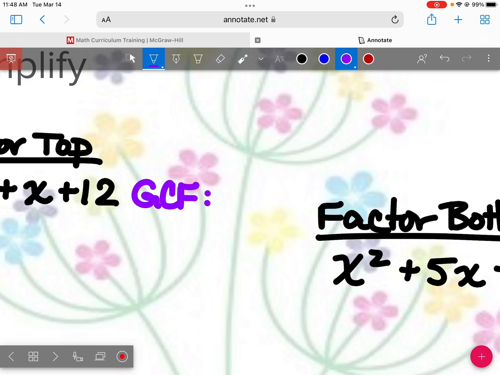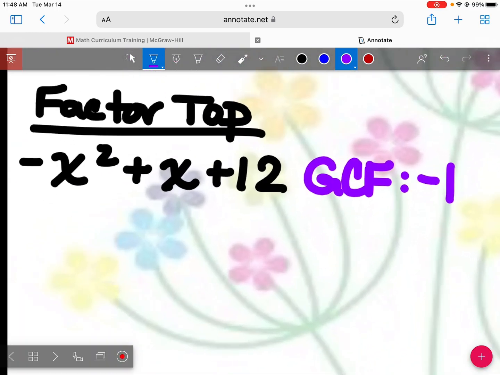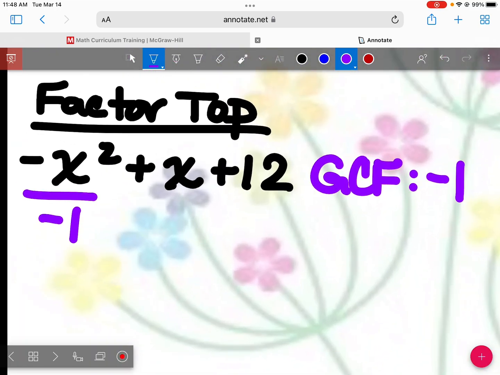Does my numerator have a GCF? Yes. It is negative 1, because when we're factoring, we never want A to be a negative number. Is A a negative number right now? Then I'm going to divide all of these by negative 1 so that it's not negative anymore.